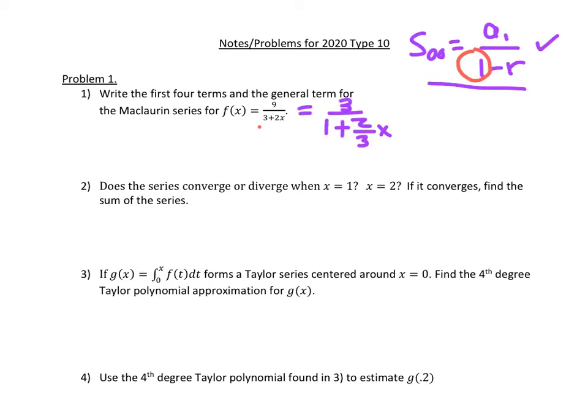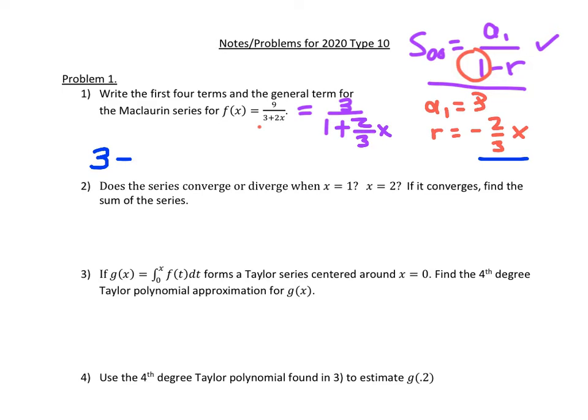So now I can read off of here some very easy things. First of all, A1 is equal to 3, and then my R is equal to 2/3 x? No, negative 2/3 x. So this would be an alternating series that we do end up with. Okay? So my first term is the 3, and then since my ratio is negative 2/3 x, I'm going to multiply it by negative 2/3.